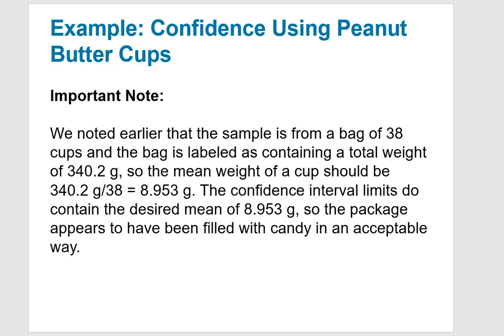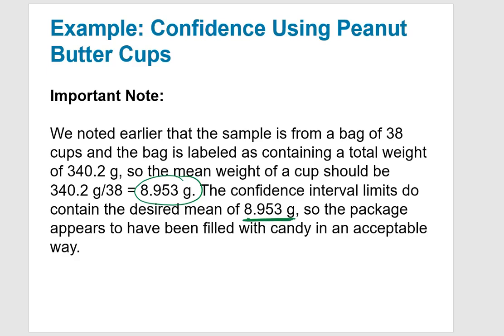Okay, important note. Because the bag had 38 cups in it, the mean weight of a cup should be this. Okay, if I actually calculated it from the actual container containing the 38 cups. Okay, notice that our confidence interval that we found did contain this, right?